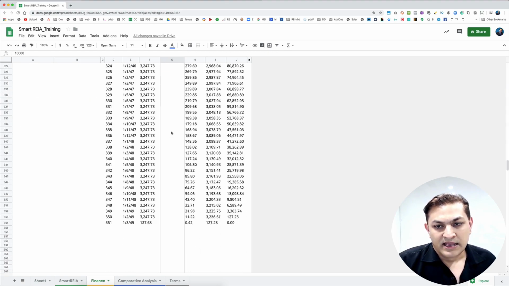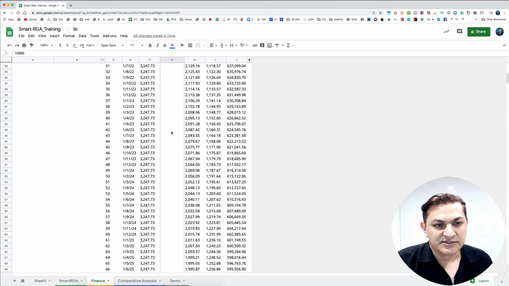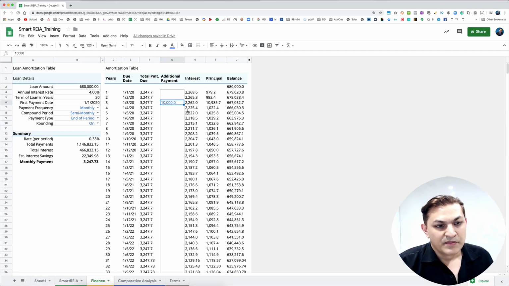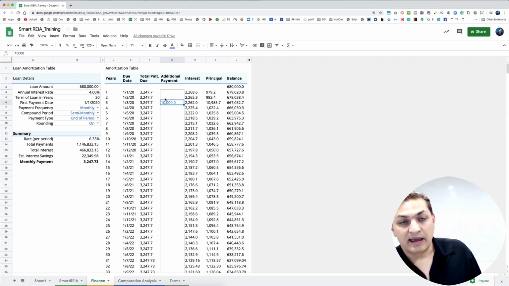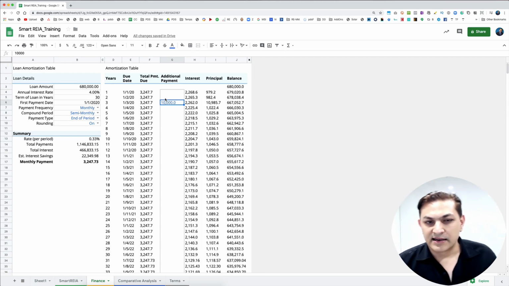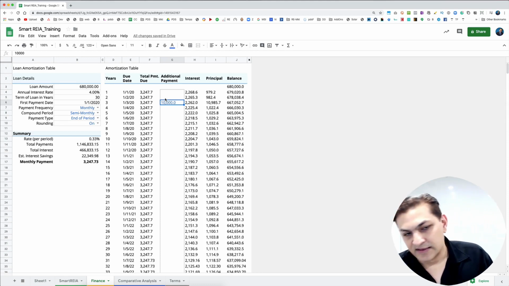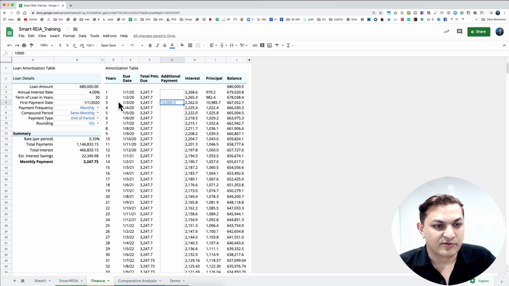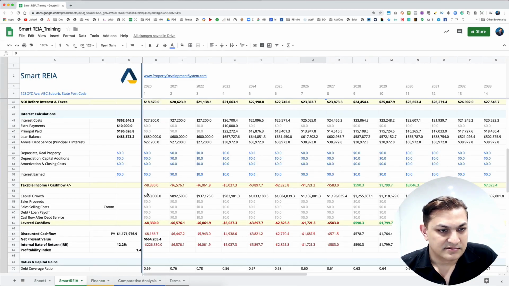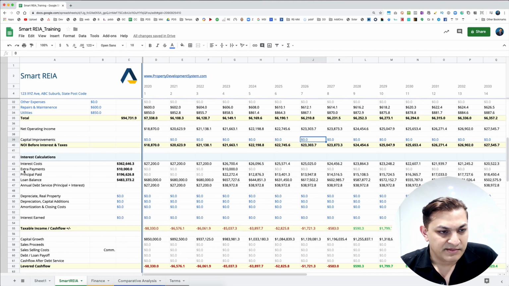Because they are quite extensive calculations, and because they are coded and happen in the cloud, they take slightly a few seconds longer, especially for complicated calculations. So I can put in 10,000 over here and then come back to my main section right here. And as you can see, my extra payment section shows the 10,000 that I've paid extra.